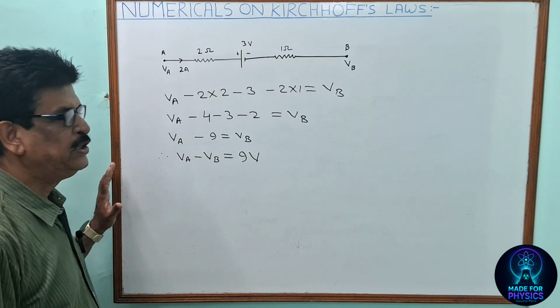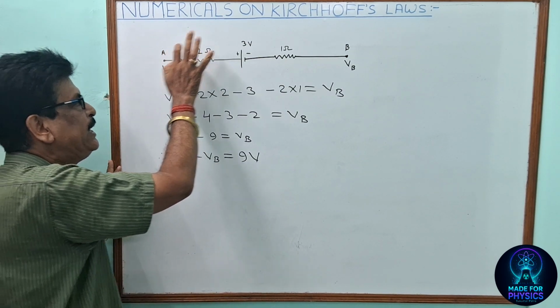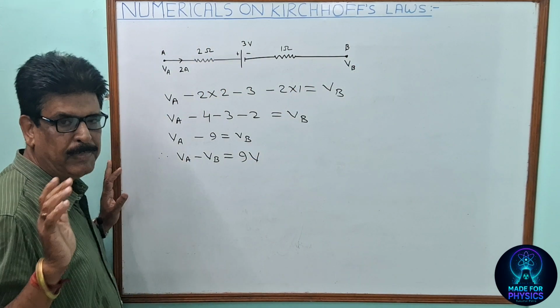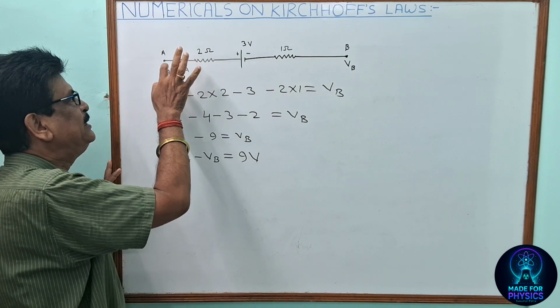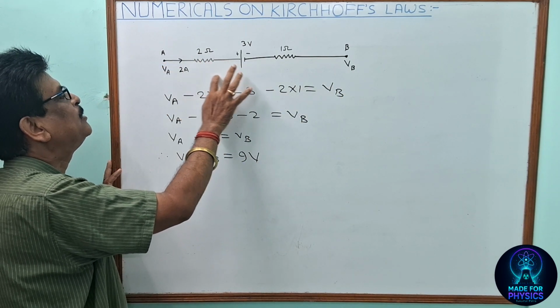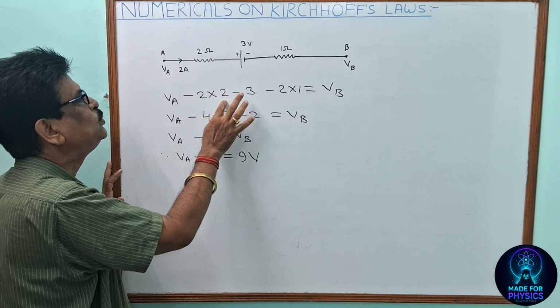As I explained you previously, in order to find the potential difference between A and B in this type of circuit, we'll be applying Kirchhoff's law along this path. So potential at this point is VA. We are moving along the direction of the current, so the product of current and resistance is minus 2 into 2.